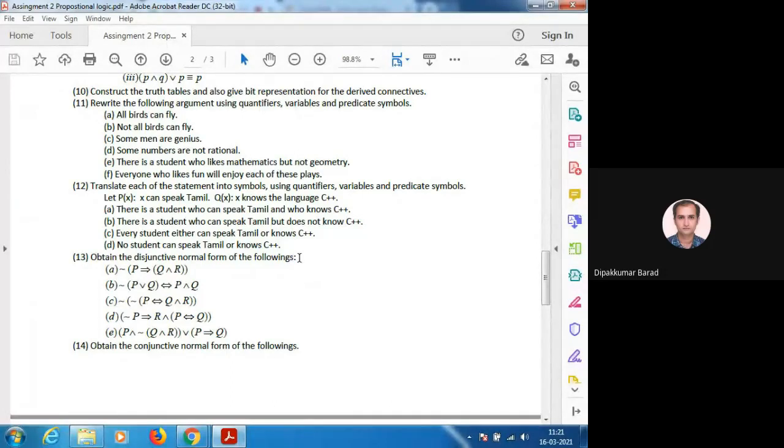So first of all, I suggest everyone try yourself and find out the disjunctive normal form for this given A, B, C, D, E. Later we will discuss it, but first try yourself. I give you 10 minutes to complete this, which I think is more than enough.